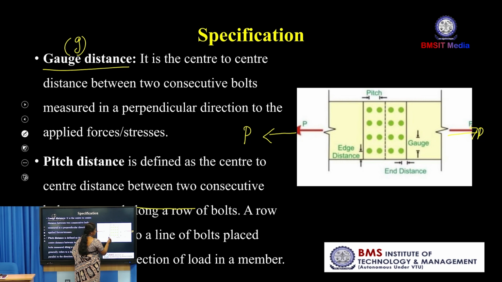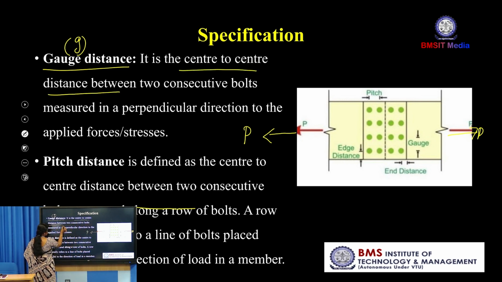This looks like a single cover butt joint. Okay. So, these are all bolted connections. So, what is the definition? Center to center distance between two consecutive bolts. Two consecutive bolts means this one and this one, measured in a perpendicular direction to the applied force.